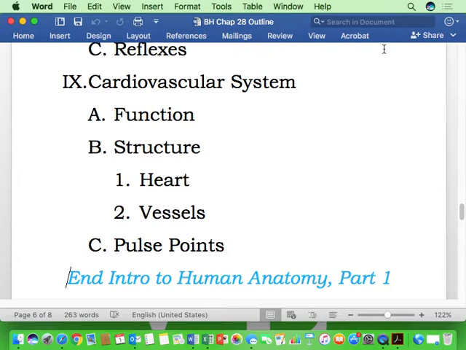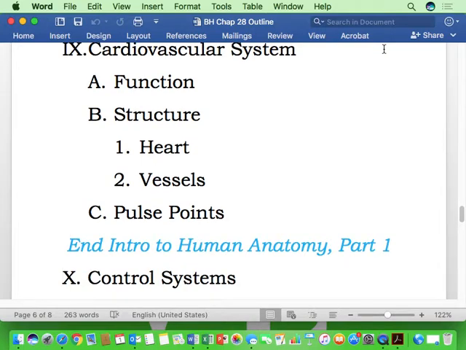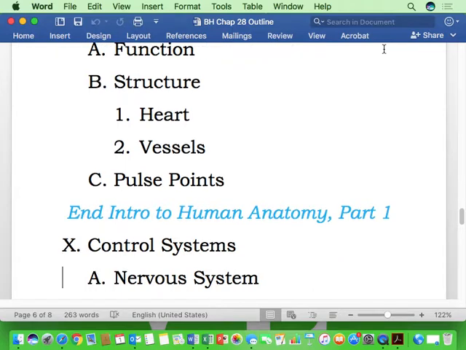So today we're going to concentrate on the control systems of the body. So we spoke a little bit about the nervous system before. The nervous system is the fast-acting control system of the body. And as such, it uses electricity to carry impulses.